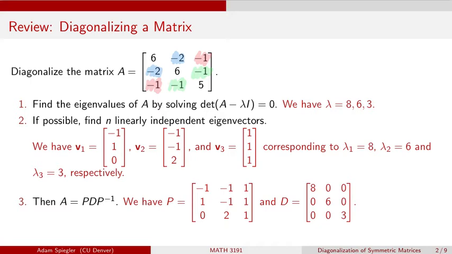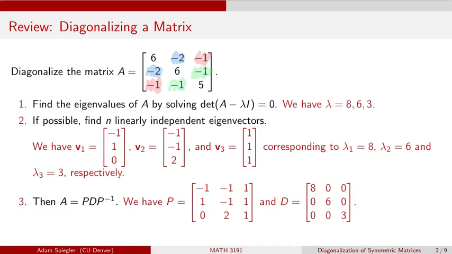Then the matrix D is going to be a diagonal matrix consisting of the eigenvalues in the appropriate order. The first column of P was minus 1, 1, 0. That corresponds to 8, so that's my first diagonal entry. The second column vector of P was v2, minus 1, minus 1, 2. This was an eigenvector for 6, so that is my second diagonal entry.